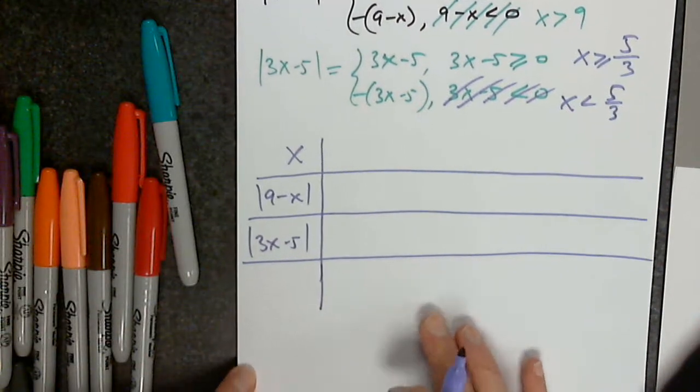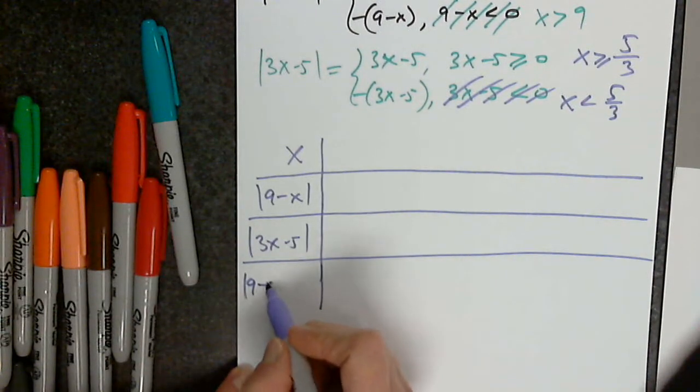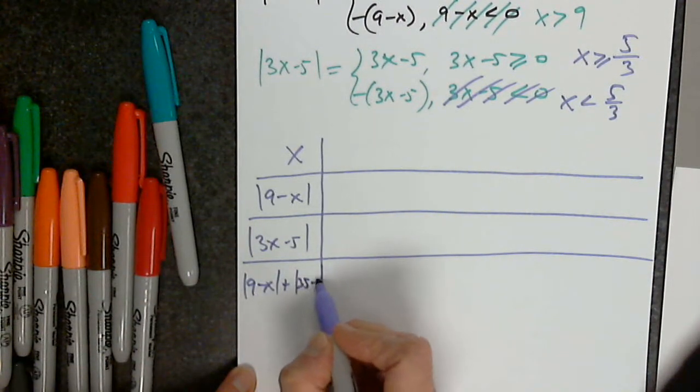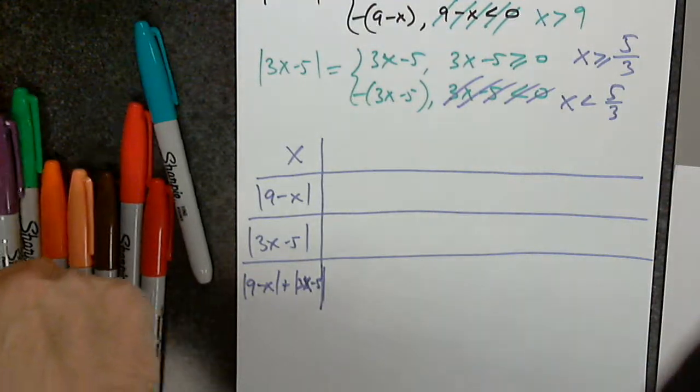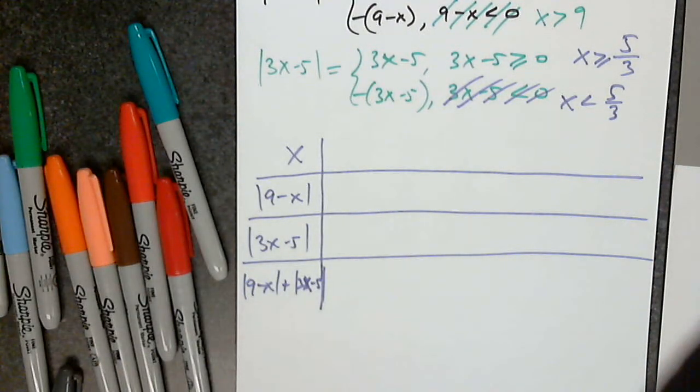And the last row, of course, is what I'm interested in to simplify the whole thing: the absolute value of 9 minus x plus the absolute value of 3x minus 5. x has to be the first row because x represents values of the variable. So x can be what?